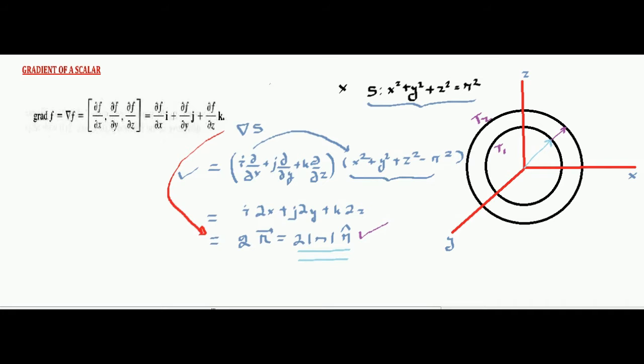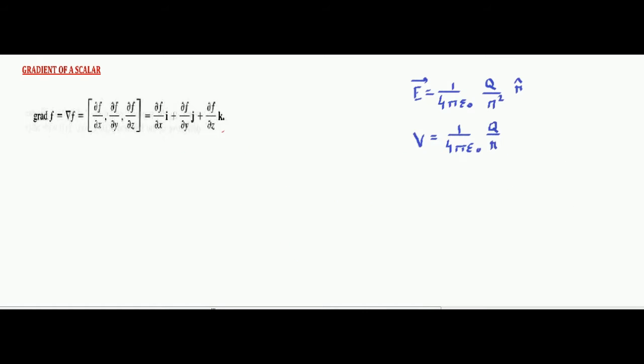In electrodynamics, you have studied that electric field and electric potential are represented as, so this is how they are represented. So what is the meaning of this? The meaning of this is that if you have a point charge or a source charge whose value is q, then the electric field at any distance r can be found out by using the formula of electric field.